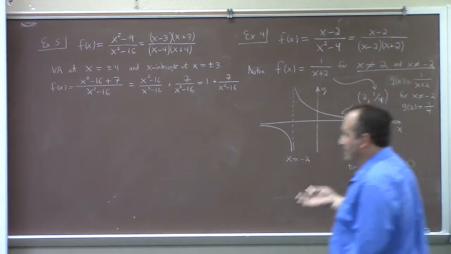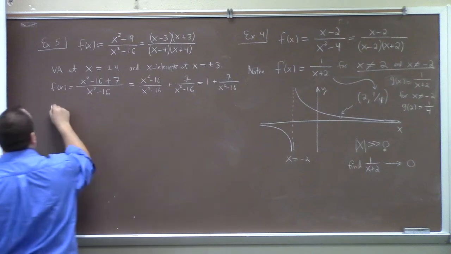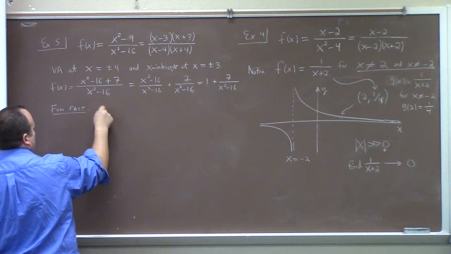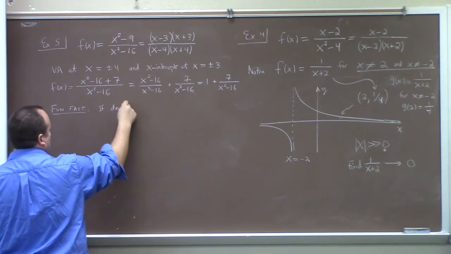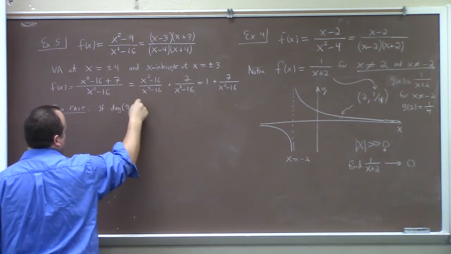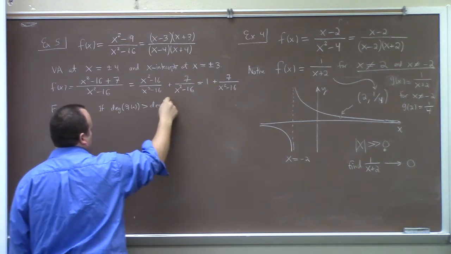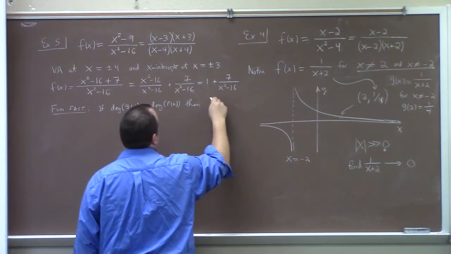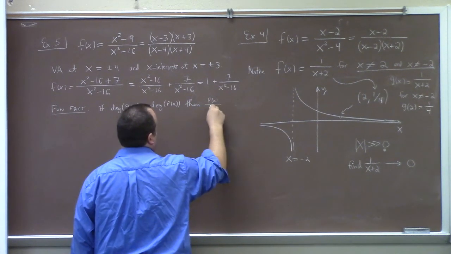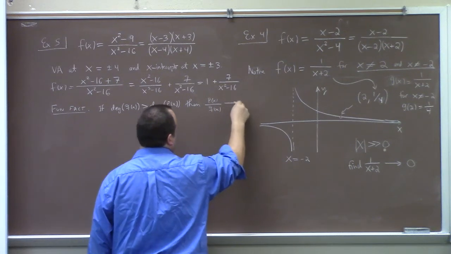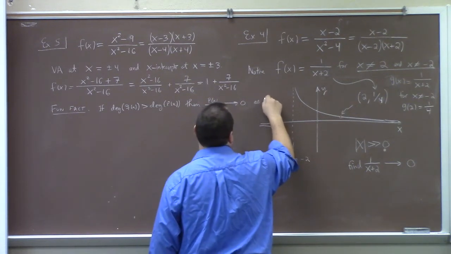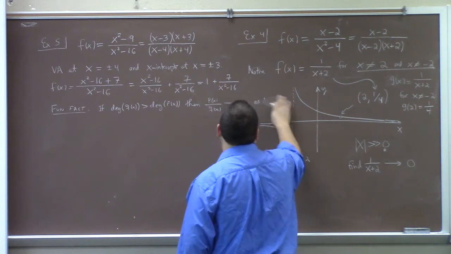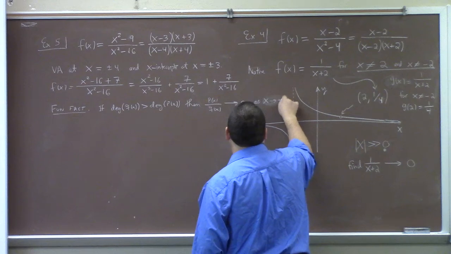Now, fun fact. If the degree of q of x is greater than the degree of p of x, then p of x over q of x goes to 0 as the absolute value of x goes to infinity. Or let me put that in other terms, as x goes to plus or minus infinity.